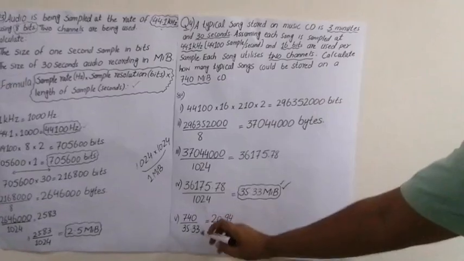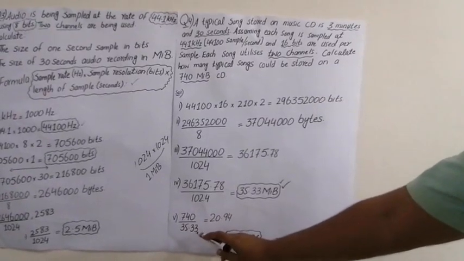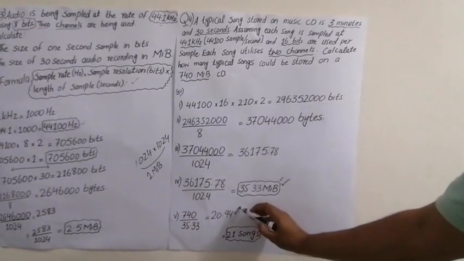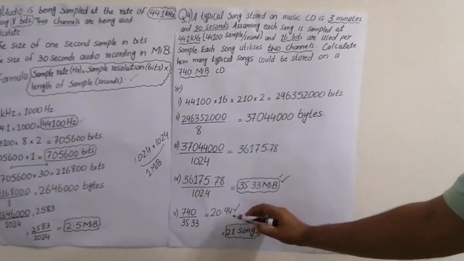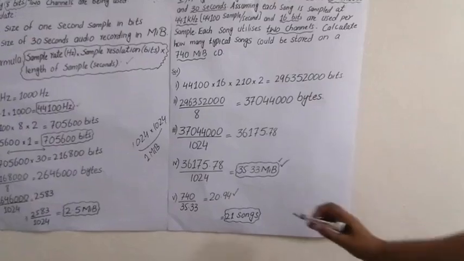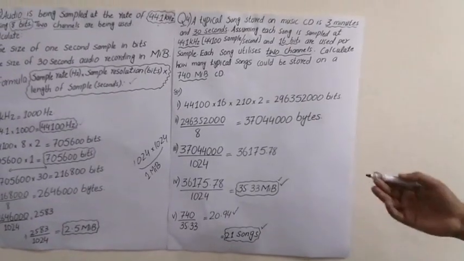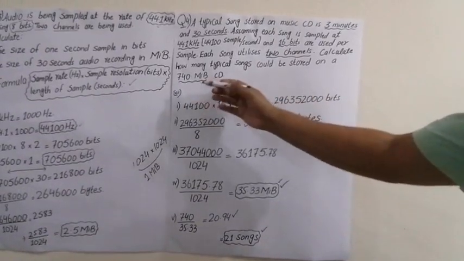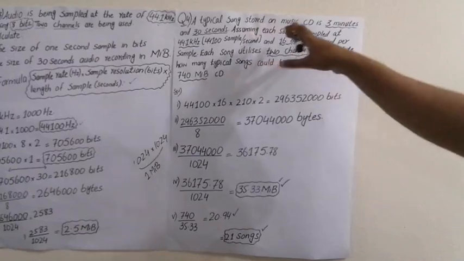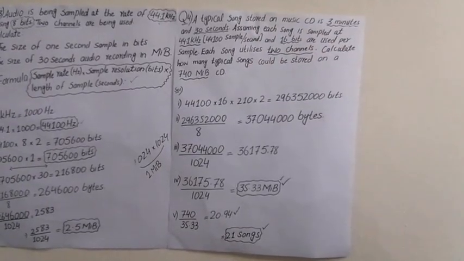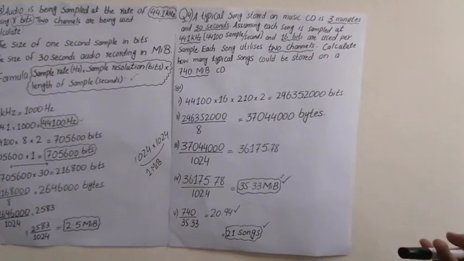So 740 divided by 35.33 will be equal to this one, 20.94. When we round this value off, you can say that 21 songs are being stored in a 740 MB CD with this much sample rate and sample resolution.